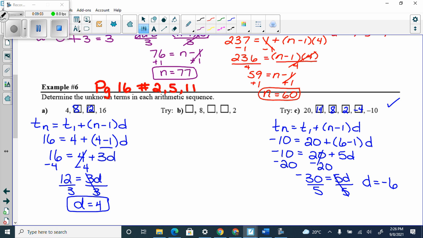Problem with this is that people get their n wrong. Can you see how that might happen? So once you start treating the 8 as your T1, what would your n be? 4, not 5. So what are we really doing here?